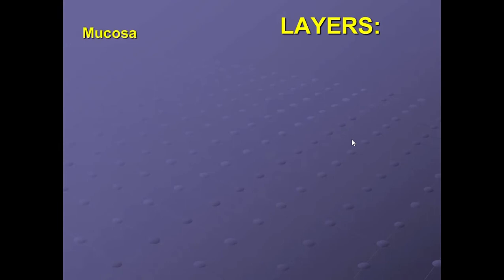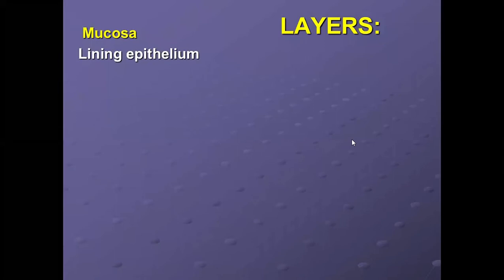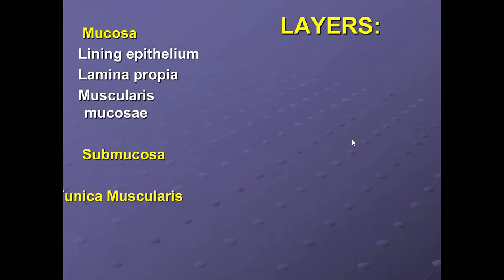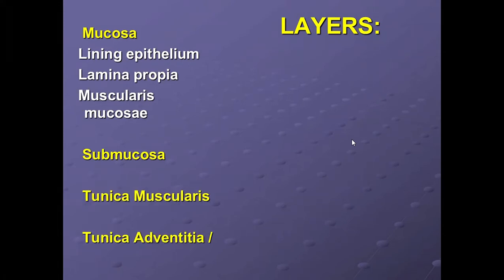The layers of this gastrointestinal tract consist of the mucosa, and the mucosa has sublayers: lining epithelium, lamina propria, muscularis mucosa. And then the second layer is the submucosa, and then the third is the tunica muscularis, and the next is tunica adventitia or tunica serosa.